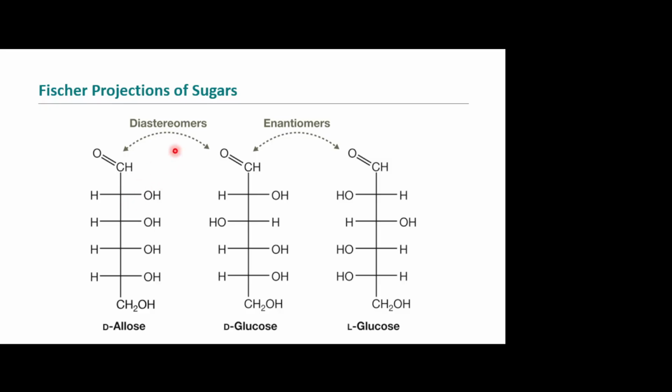So these two are actually diastereomers of each other, aren't they? We've swapped one of the chiral centers, or multiple chiral centers, and we get diastereomers, right? But they're not mirror images of each other, so they're not enantiomers. If we swap and give the mirror image to each other, then that would be enantiomers, wouldn't it?